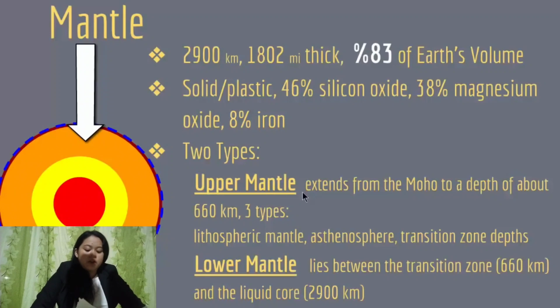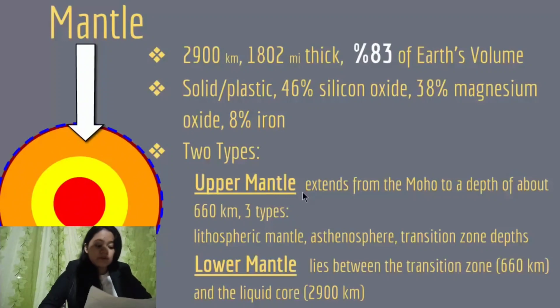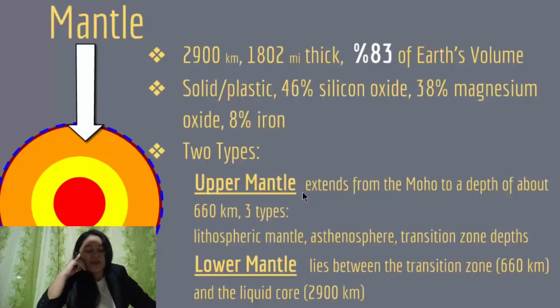Rocks in the upper mantle are cool and brittle, while rocks in the lower mantle are hot and soft, but they are not molten. You should keep this in mind, okay? Rocks in the upper mantle are brittle enough to break and produce earthquakes.